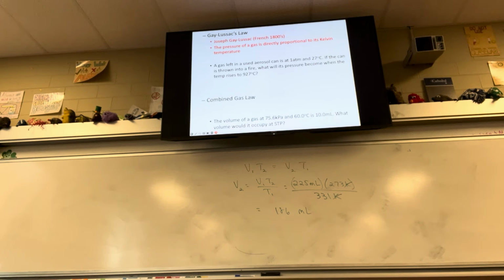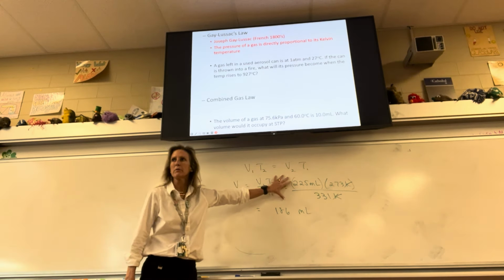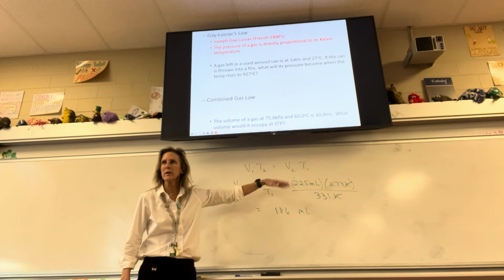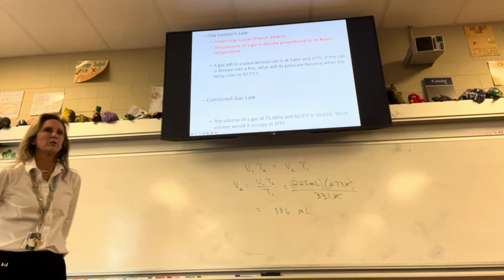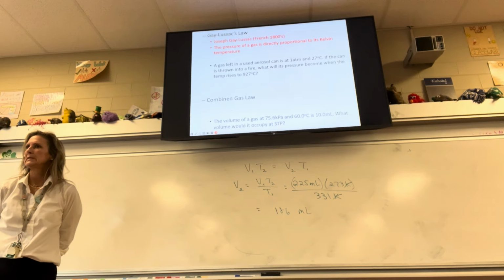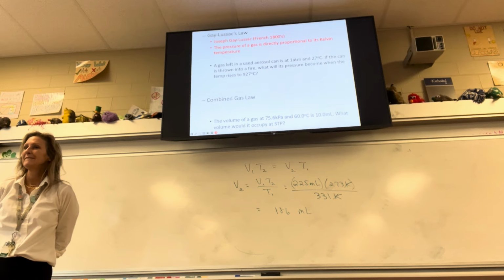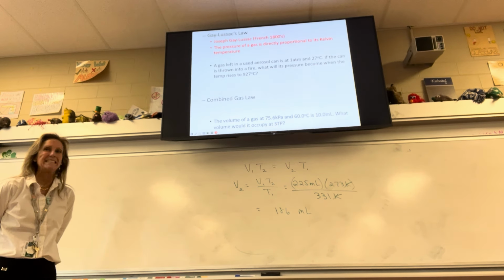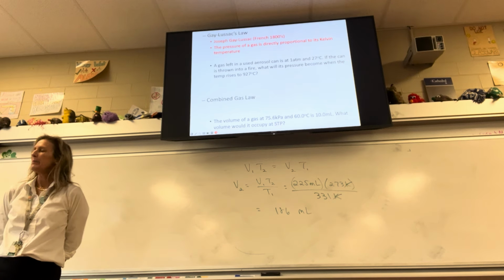Now that's a little different than Charles's law. Charles's law, we said they were directly related, meaning as one went up, the other went up. What's the difference with directly proportional? Your math teachers are cringing right now.